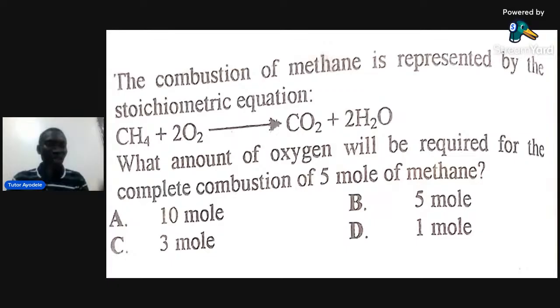If 2 moles of methane come, it will join with 4 moles of oxygen. If you multiply methane by 2, you also multiply oxygen by 2. 3 moles of methane join with 2 times 3, that is 6 moles of oxygen. 4 moles join with 8 moles of oxygen. 5 moles of methane will bond with 10 moles of oxygen to bond completely. So the correct option there is option A.